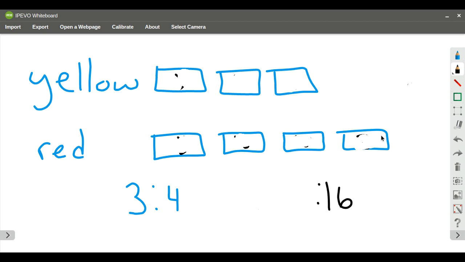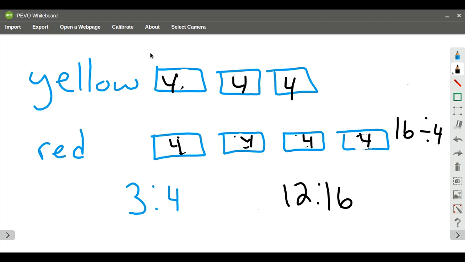So 16 divided by 4 gives me 4. Each one of these is going to be worth 4, and in order to keep my ratio equivalent, each one of my yellow paints is going to be 4. So my answer would be 12 pints. That's how I can show it visually using models.